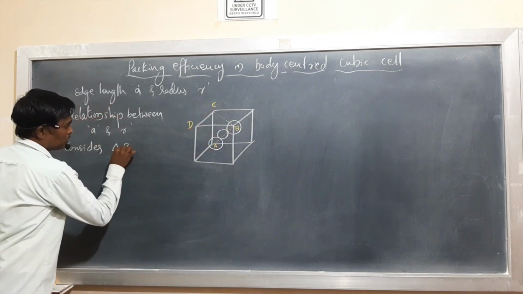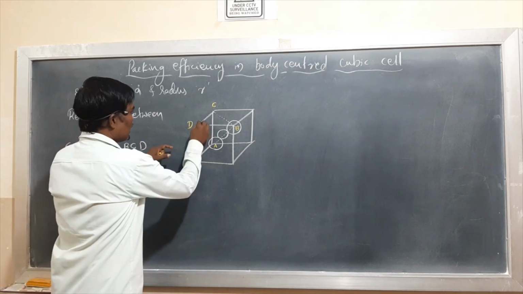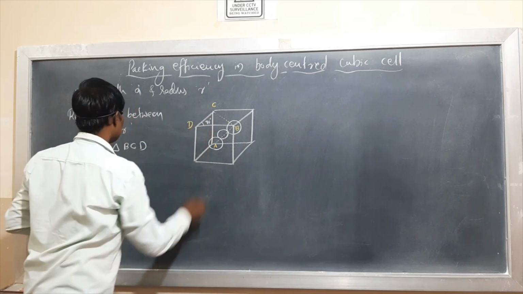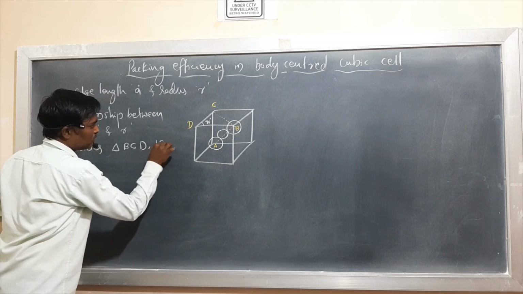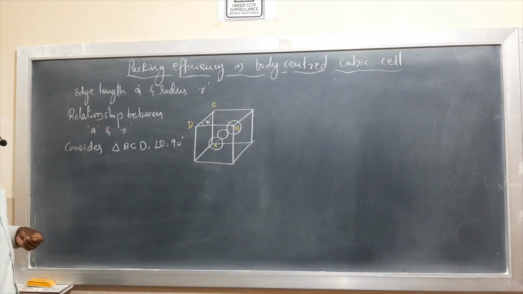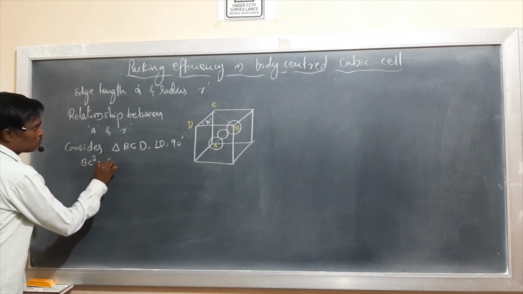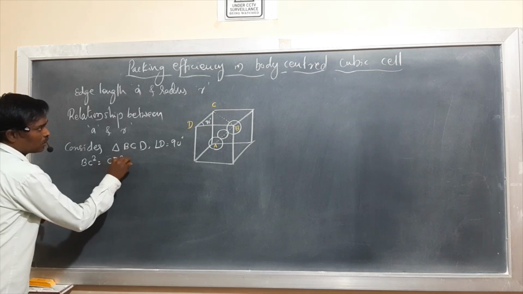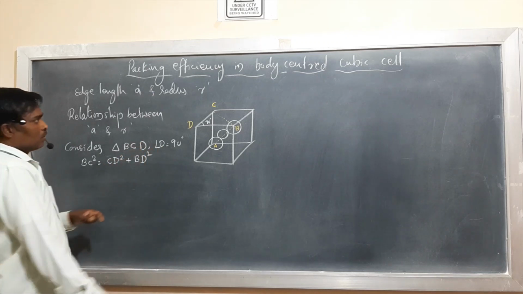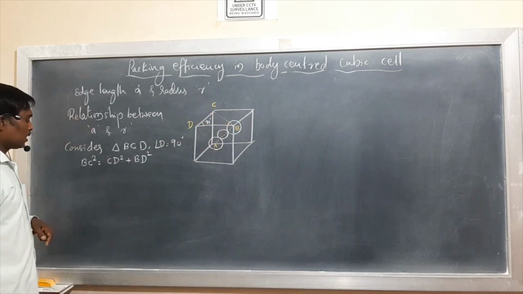Since the angle D is equal to 90 degrees, according to the Pythagoras theorem we can write BC square is equal to CD square plus BD square.